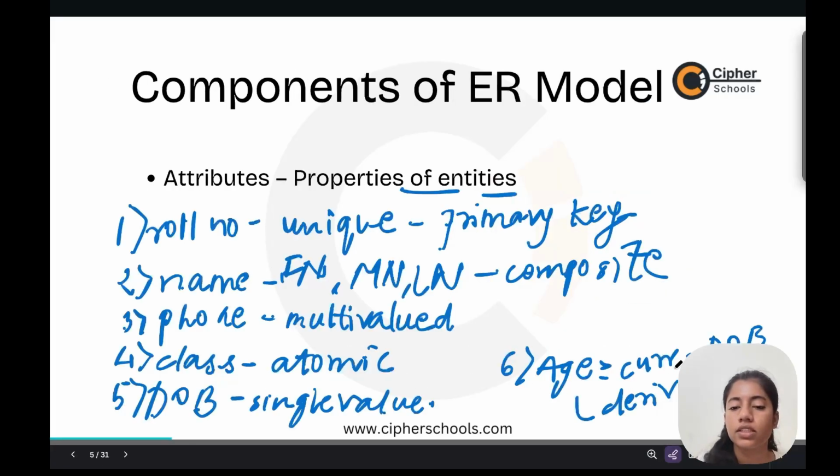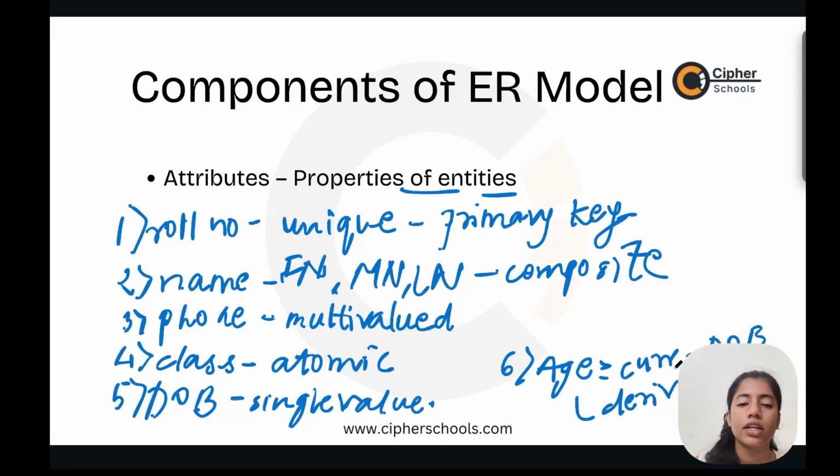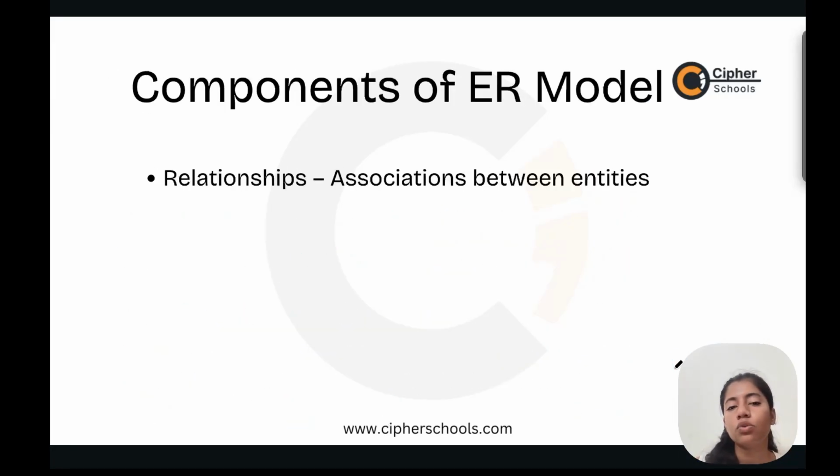So this is what we discussed, and let us move ahead and talk about what are relationships. It is not possible that the student is alone in the database and no other entity is there.